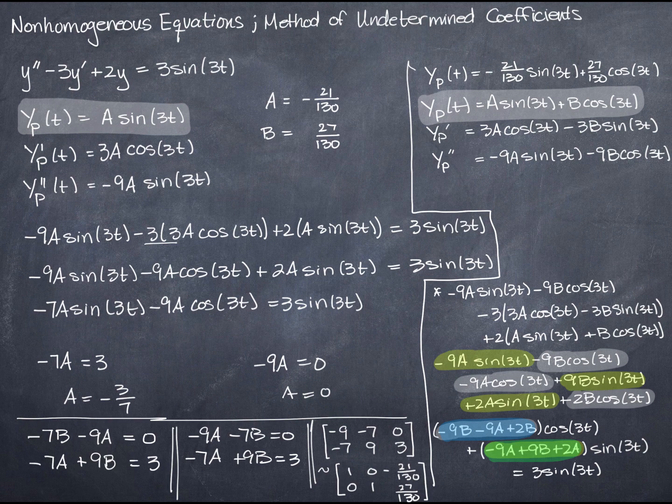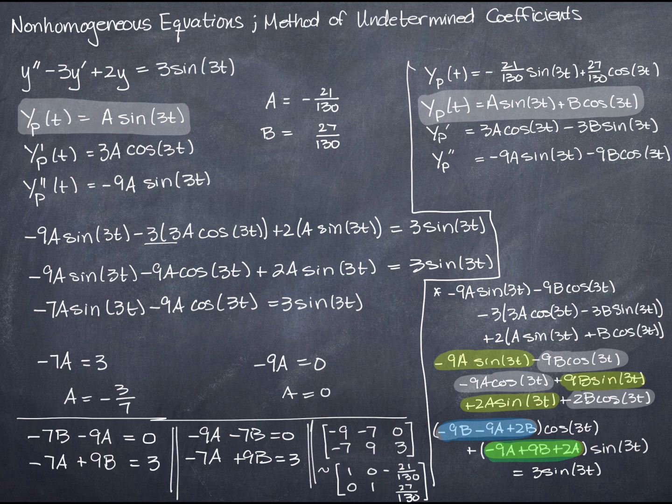Now, sometimes that's the answer. Sometimes you are only asked for a particular solution. You use the information you have, you come up with this y of t. And sometimes you're asked to solve the differential equation or give the general solution.